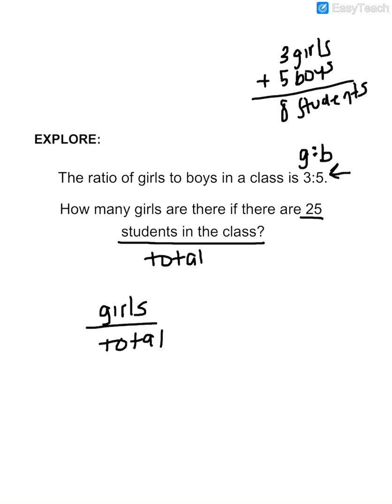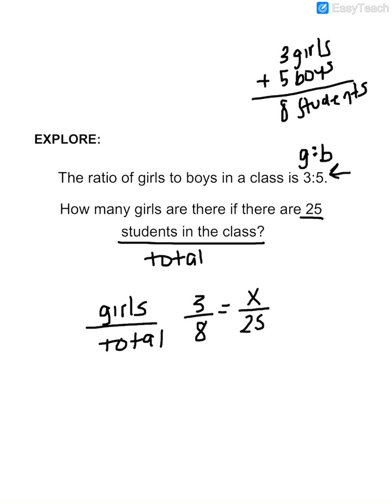So even though the problem doesn't directly tell me the total, I can figure it out. Therefore, for every 3 girls, there are 8 total students.